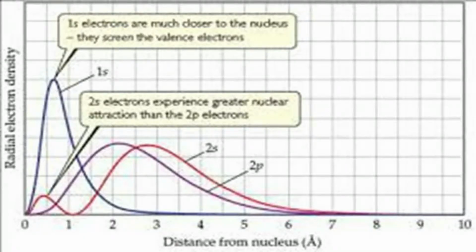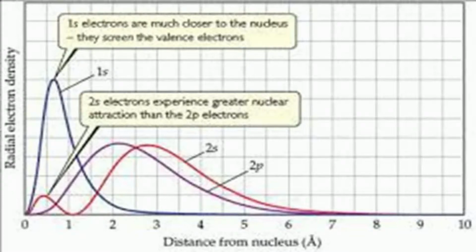The 2s orbital is more penetrating than the 2p orbital. Therefore, its energy is lower. Therefore, conventionally, or in general chemistry, we represent the 2s orbital first and then the 2p orbital.